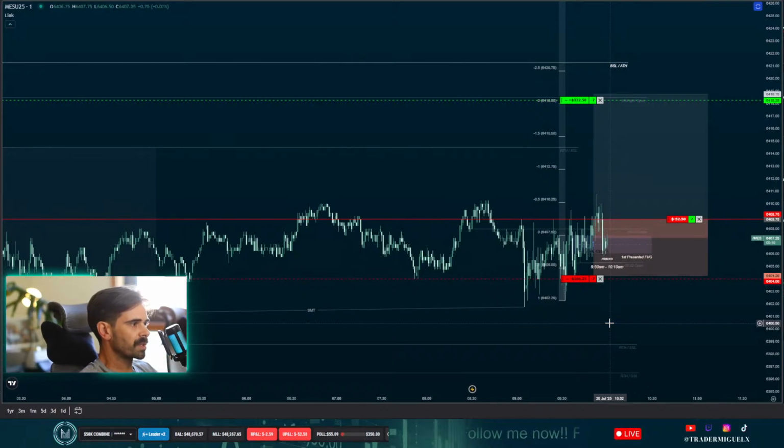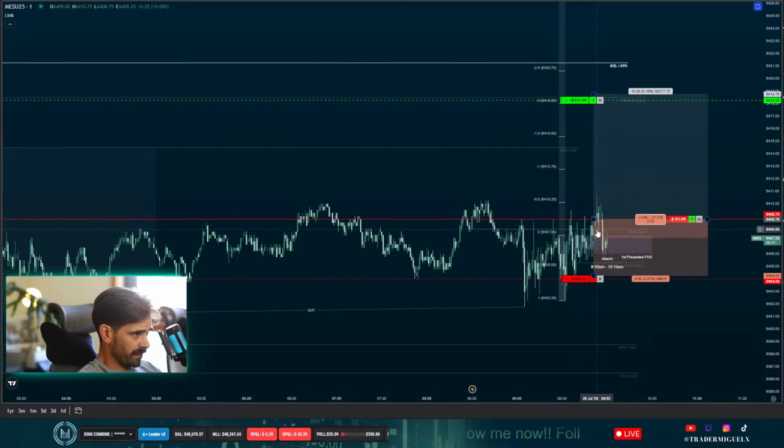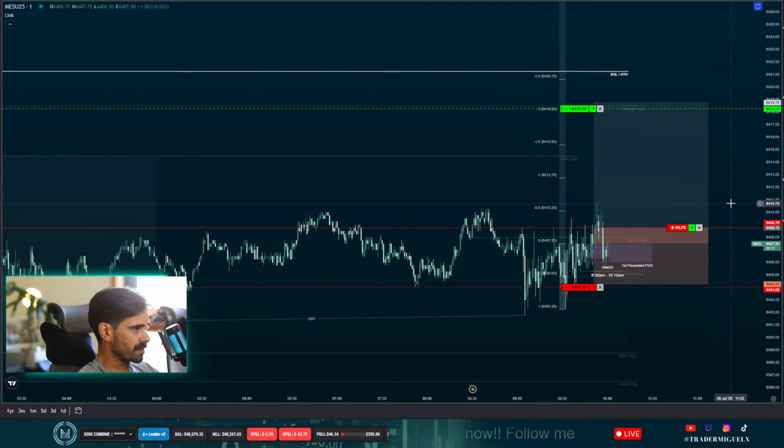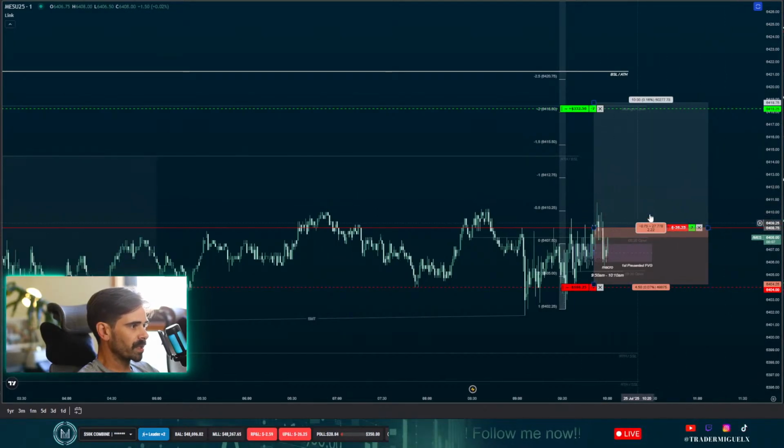NQ is still pushing, so it might drive ES back to eventually above 8:30. This is what I would like to see, honestly. But ES definitely the weaker sister here.